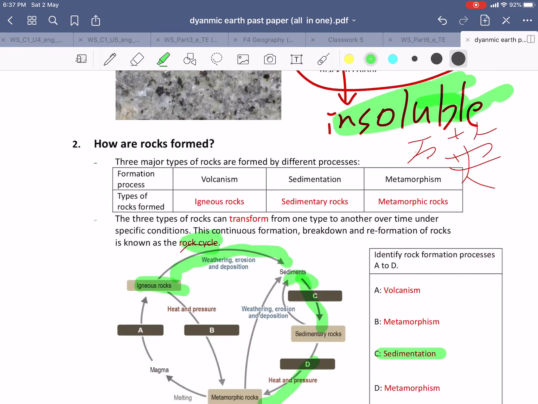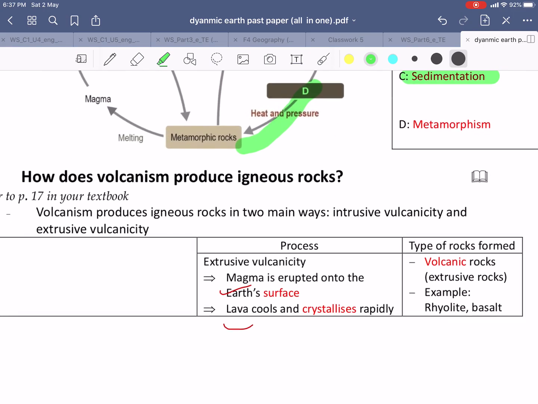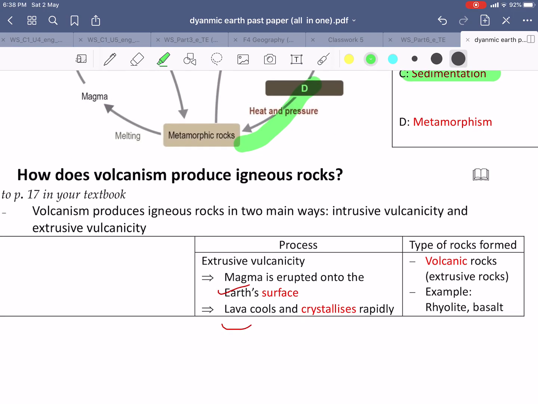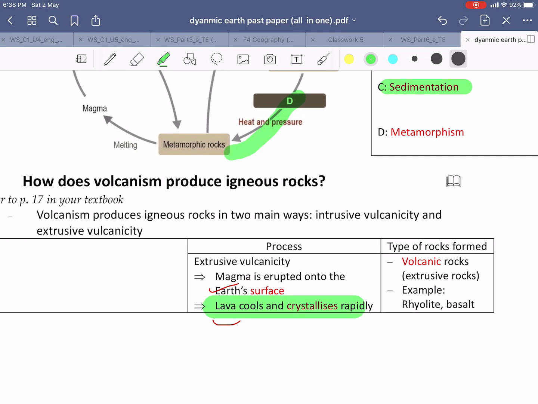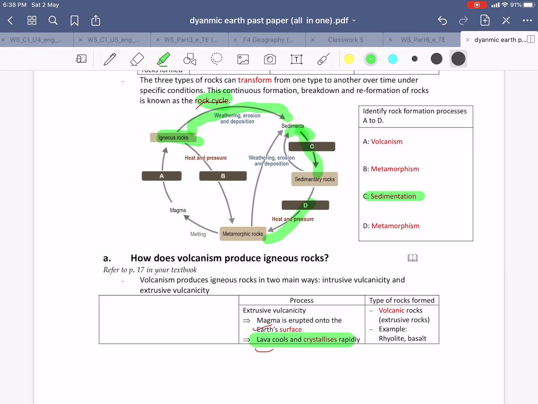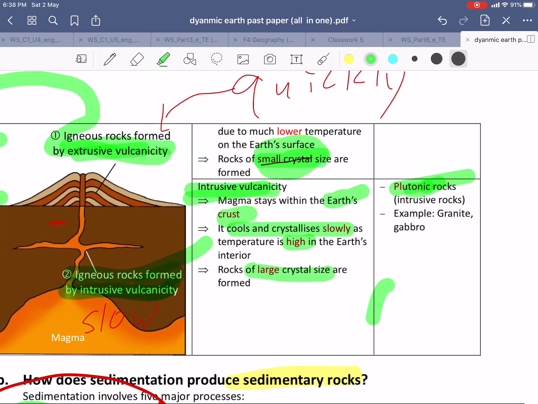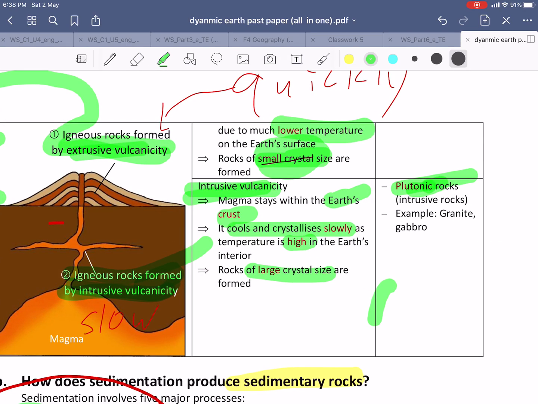Extrusive volcanicity is on the upper page: the lava cools and crystallizes rapidly, which is solidified rapidly, at a lower temperature, and the crystal size will be smaller.